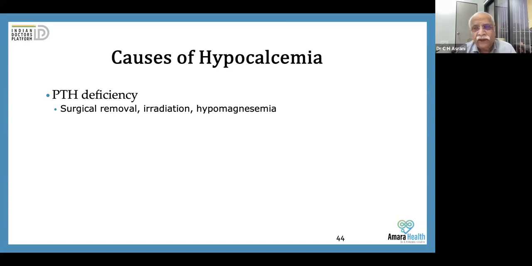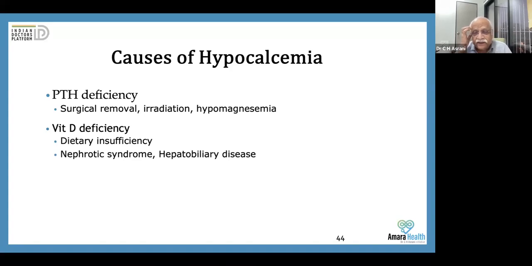You have a case of oral cancer which has been given radiation. Naturally, parathyroid hormone can get affected. And if there is a hypomagnesemia for some reason, then you may get hypocalcemia. Vitamin D deficiency also leads to hypocalcemia. Dietary insufficiency.